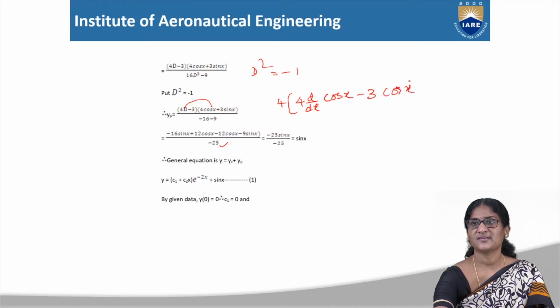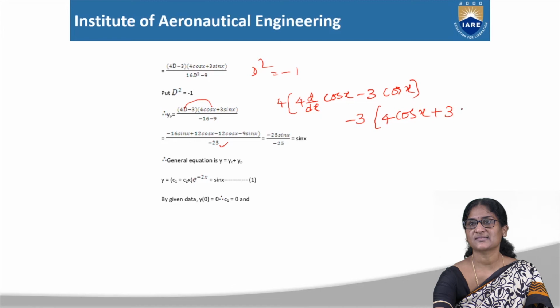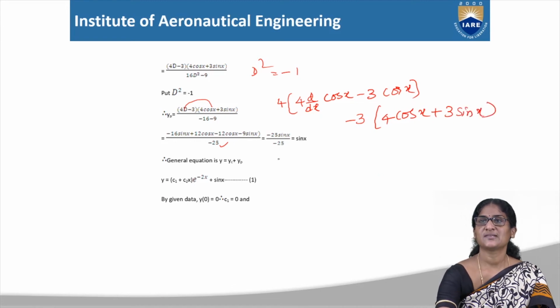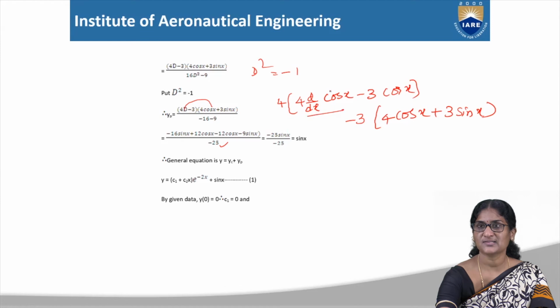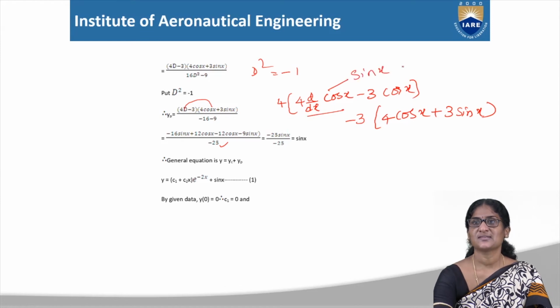This is the first term, then minus 3 into 4 cos x plus 3 sin x. So what are you going to get? That is 4 into 4, 16, minus 12. What is the derivative of cos x? That is nothing but minus sin x.